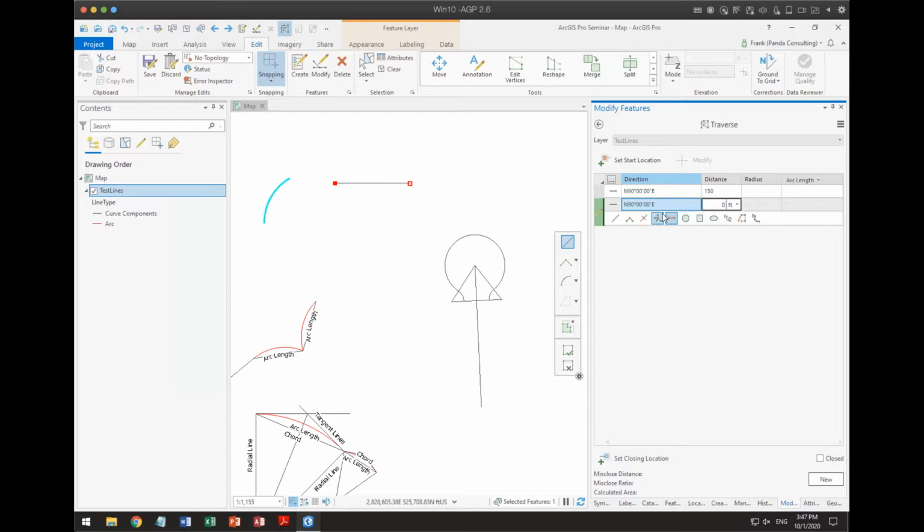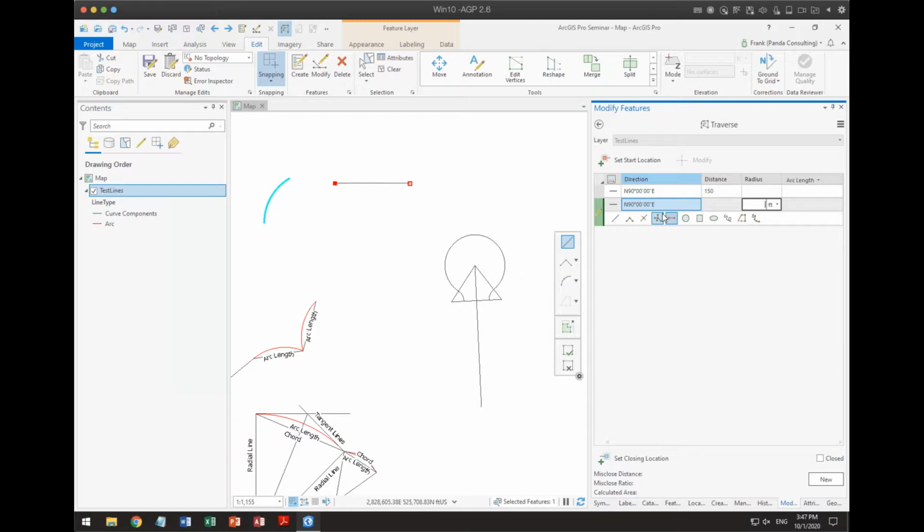And then I'm going to tell it my distance. I don't want to create a distance. I want to instead put a radius in here. The radius, again, if it's a positive radius, it assumes that the radius is to the right. If it's a negative radius, it's a radius to the left.